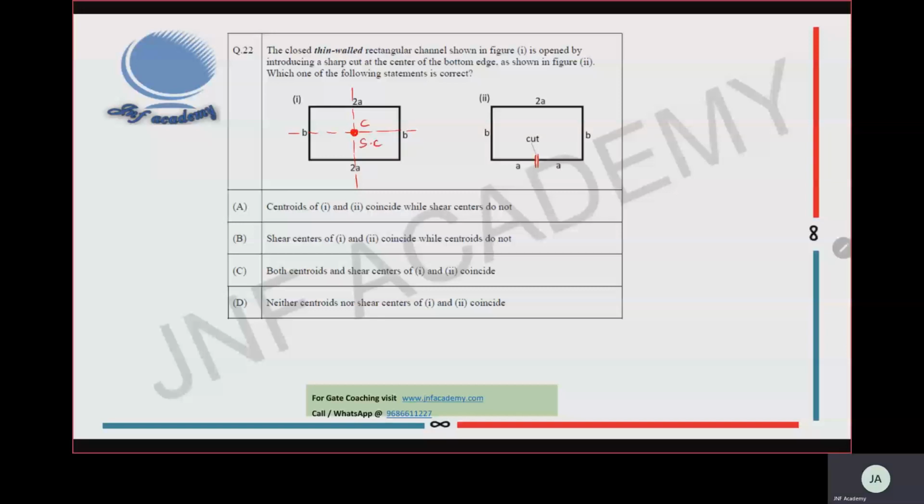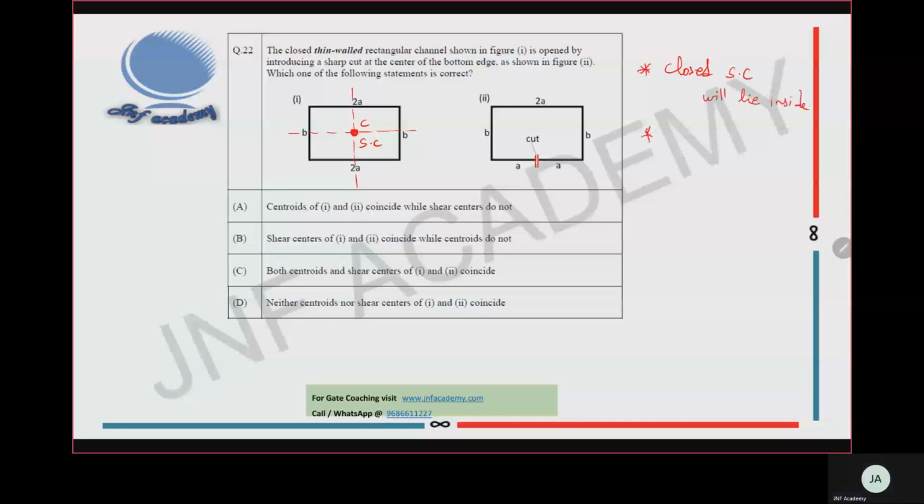shear center. Okay, another concept which we have to remember is for a closed section, always the shear center will lie inside the cross section.